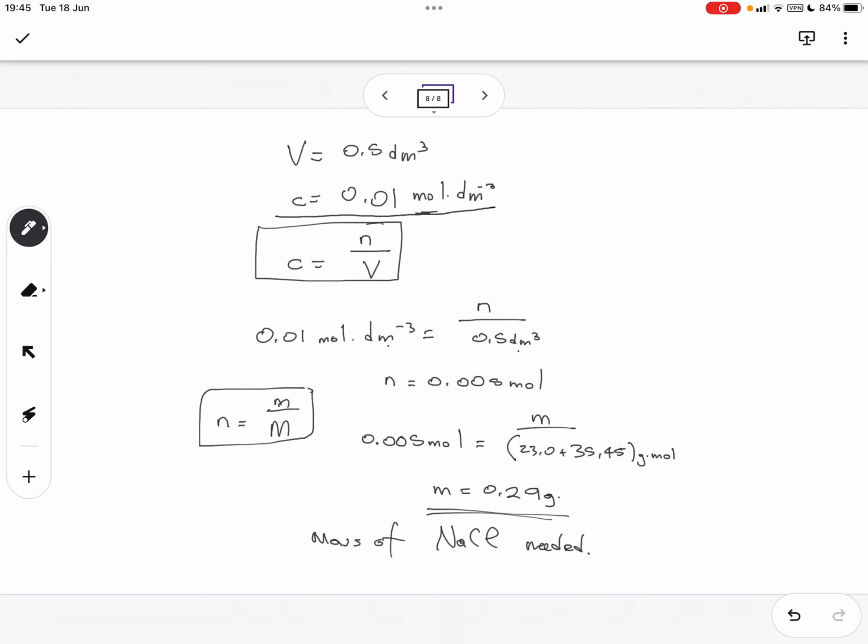In order to have a concentration of 0.01 moles per cubic decimeter, we need 0.29 grams of salt. So far, are we still together? Yeah. All right.